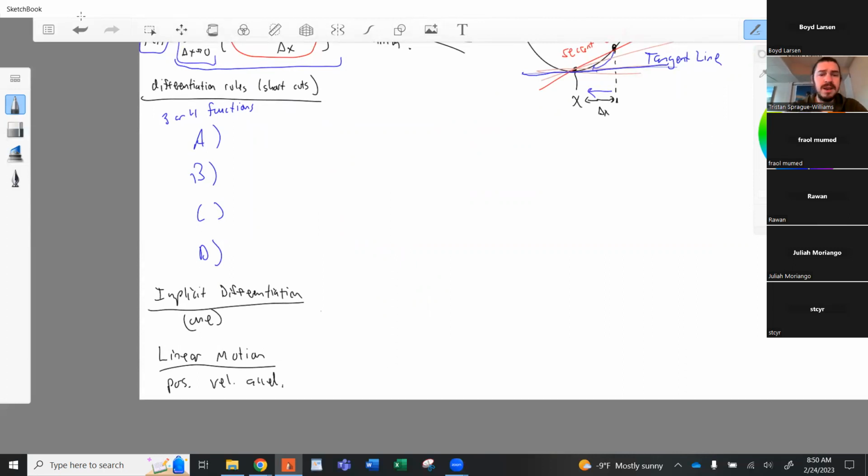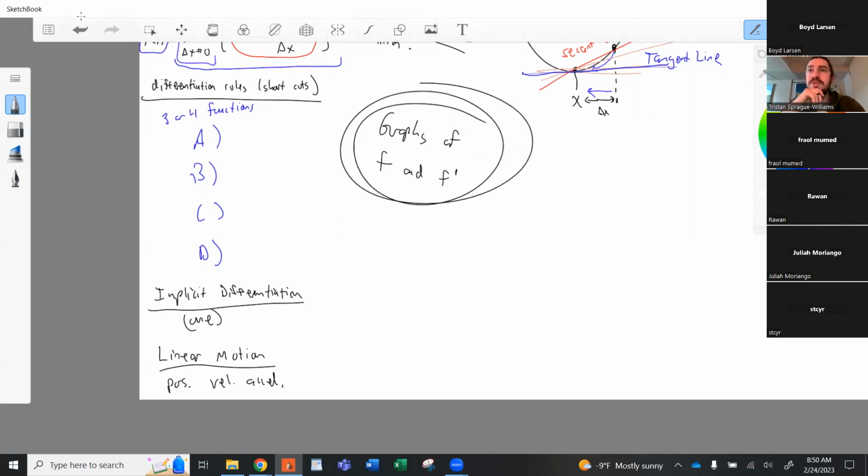Another thing that we studied in here is graphs of f and f prime, right? Remember those problems you did on the worksheet that were like, here's a graph of a function, now draw the graph of the derivative of that function. Or here are two graphs, identify which one is the function and which one is its derivative, that kind of thing. So that'll be on the quiz too.